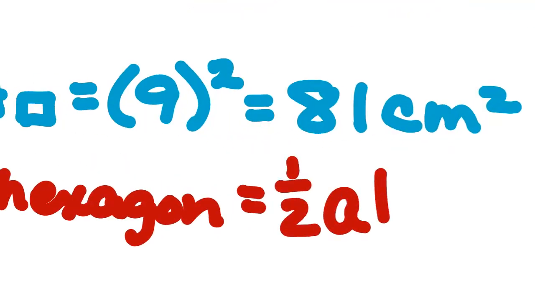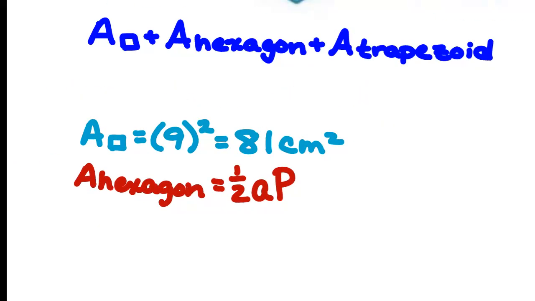We could also do 1/2 AB sine C times the number of sides, n. We would do that when we know the radius, but we don't know the radius of this hexagon.